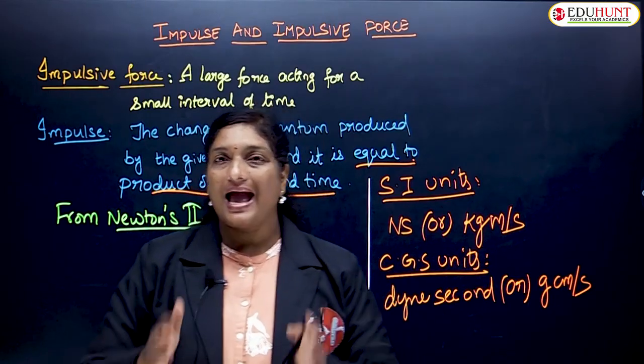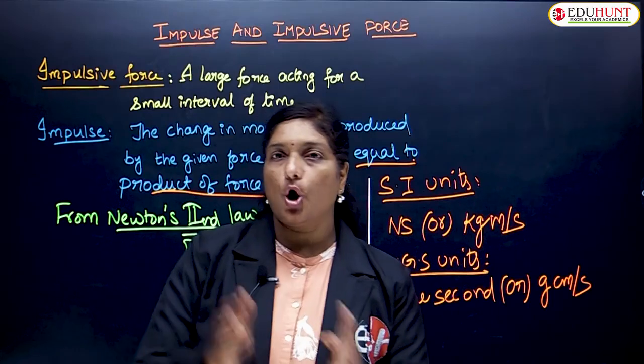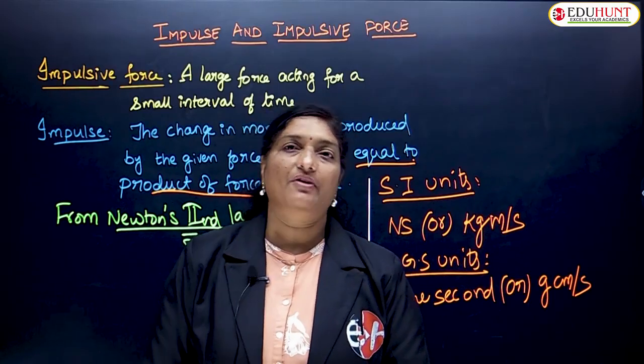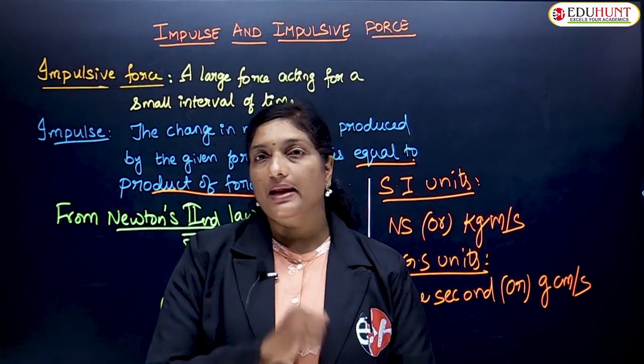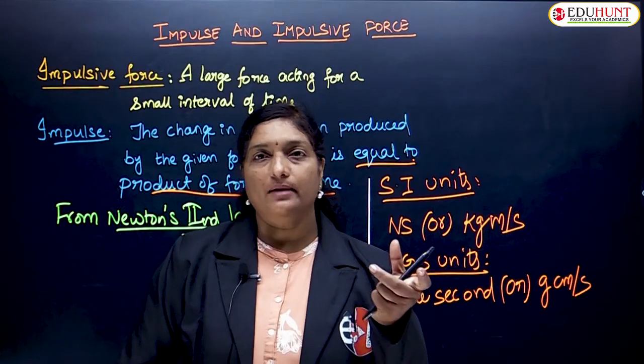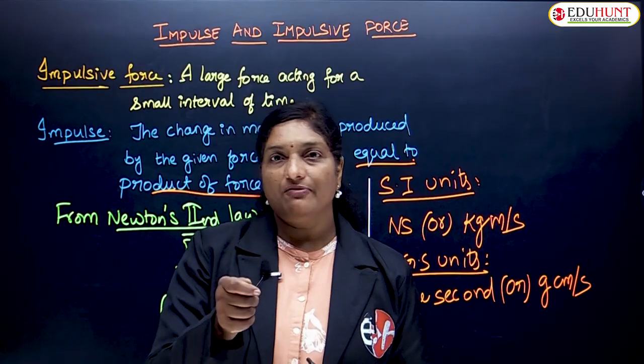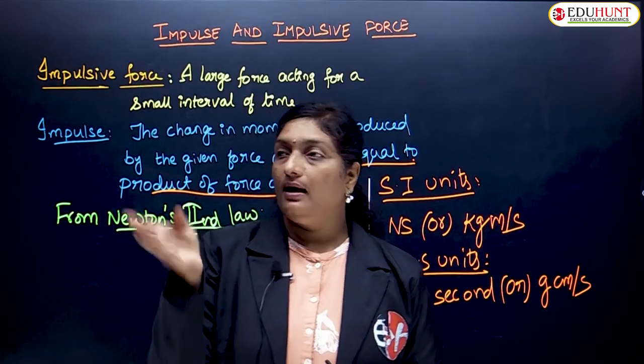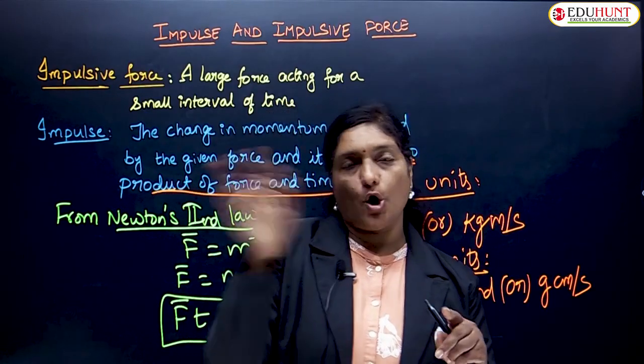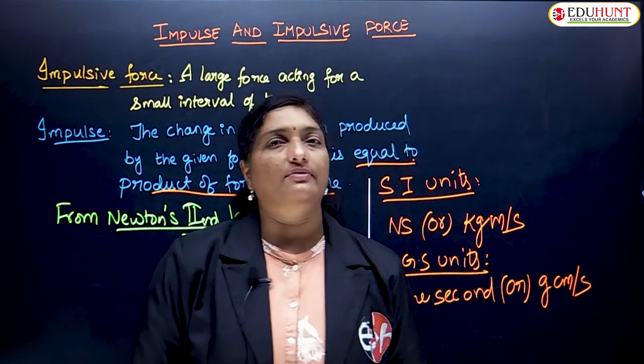So force acting by a hammer on the nail is the best example for impulse. Similarly, a cricket ball hit by a bat, if you observe, impulsive force is applied by the bat on the ball for a small interval of time.